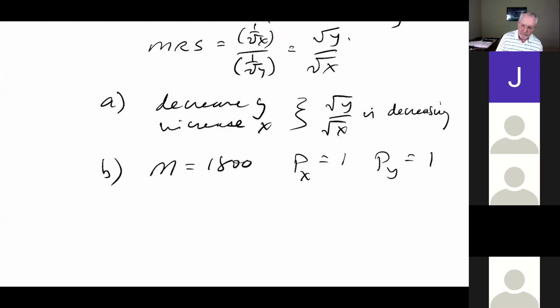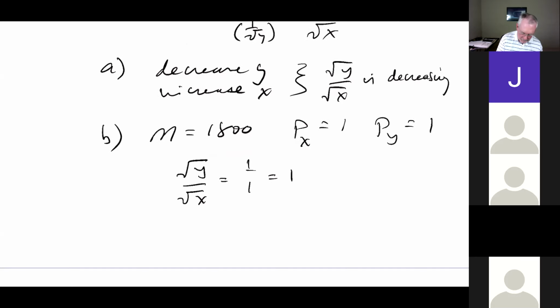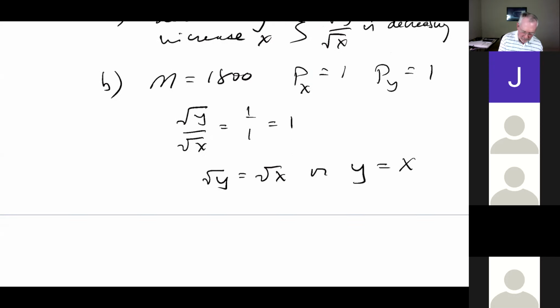So this is my basic constrained maximization problem, and I'm going to find the best choice by first setting the marginal rate of substitution equal to the price ratio, which is just going to be 1. So that tells me then at my solution, the square root of y will be equal to square root of x, or y will be equal to x at the solution.